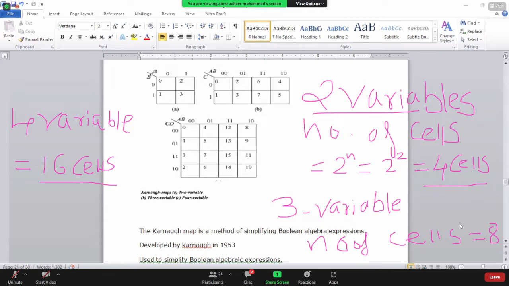When A is 0 and B is 0, the value of that cell is 0. When A is 1 and B is 0, the value of that cell is 2. When A is 0 and B is 1, the value of that cell is 1. When A is 1 and B is 1, the value of that cell is 3. So this 0, 1, 2, 3 is the value of that cell.